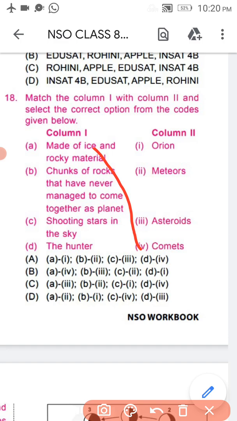Next, chunks of rocks that have never managed to come together as a planet. So option B is matching with asteroids. Shooting star in the sky, matching with meteors.